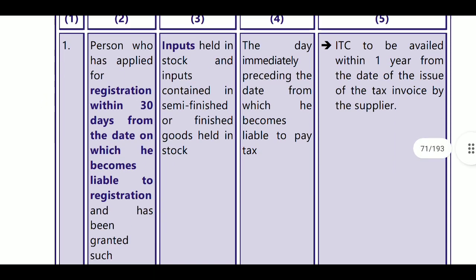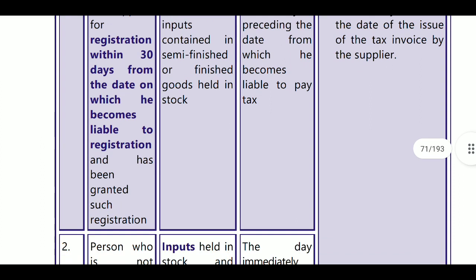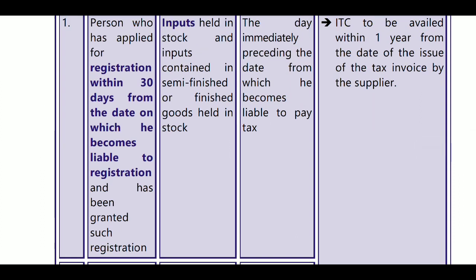So first case, a person applying for registration within 30 days of becoming liable for registration. If a person already had a business, and his turnover crossed 20 lakhs or 40 lakhs depending on the state, from that date he becomes liable. So as on the date of exceeding the turnover, the person has some stock related to work in progress, finished goods or capital goods.